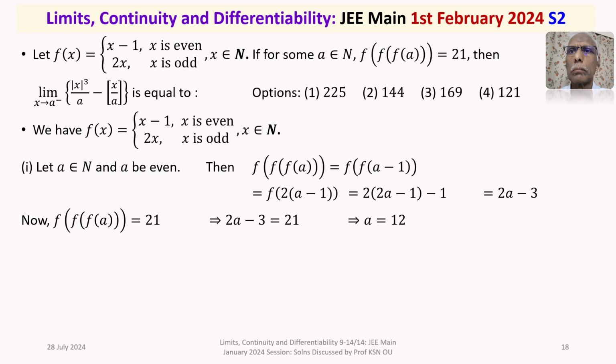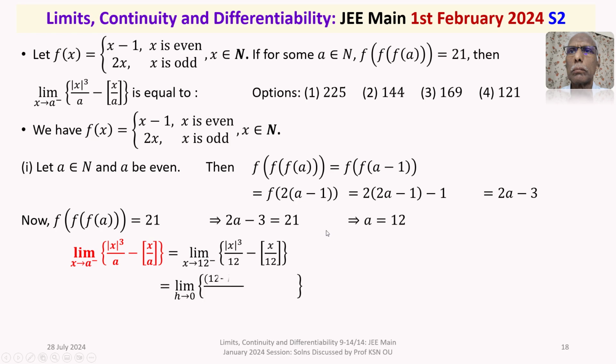Agreed. Now let's go and evaluate the limit. Limit x tends to a minus of this expression is equal to limit x tends to 12 minus, because a is 12, of mod x cube by 12 minus the bracket x by 12. Right.